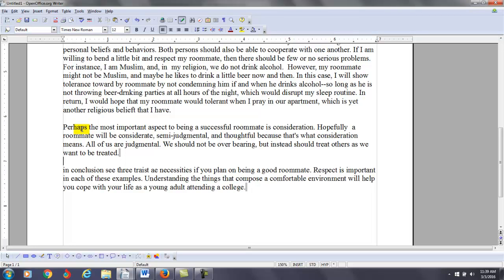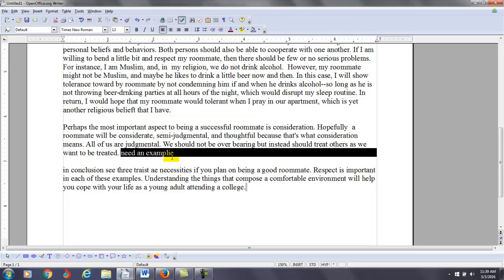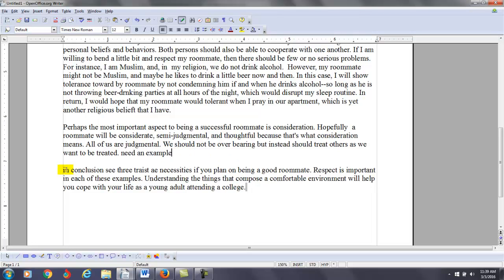All of us are judgmental. We should not be overbearing, but instead should treat others as we want to be treated. It's good. You're going in the right direction, but you're just not moving to the more specific. So again, you need an example here to help illustrate this point, kind of like what I did in the other parts of your writing.